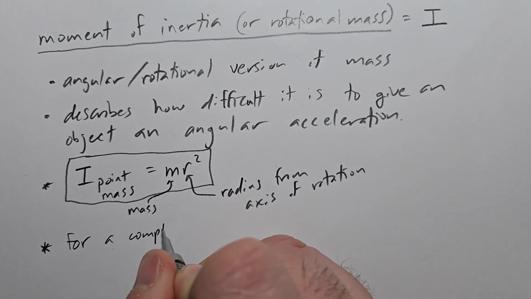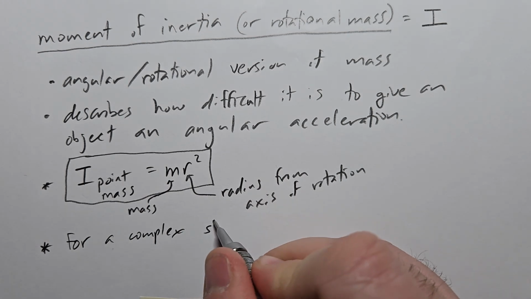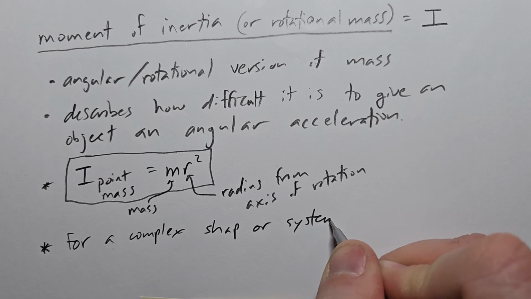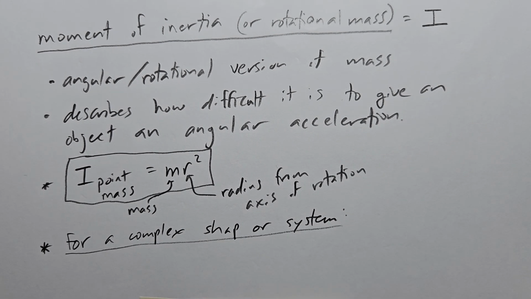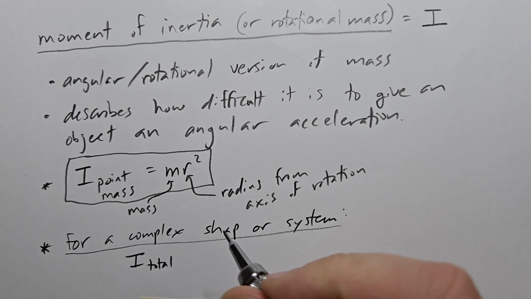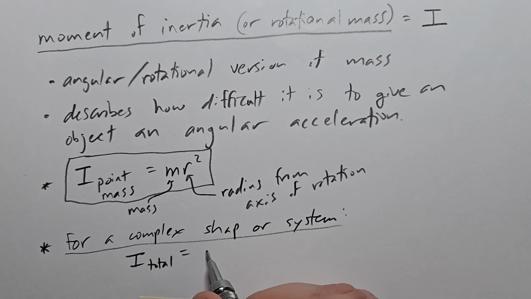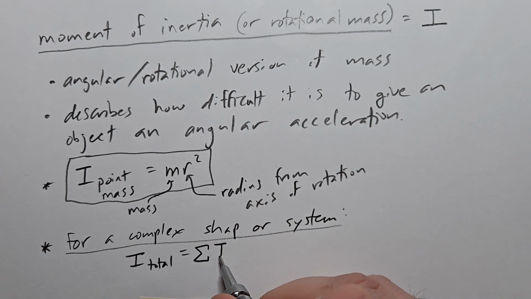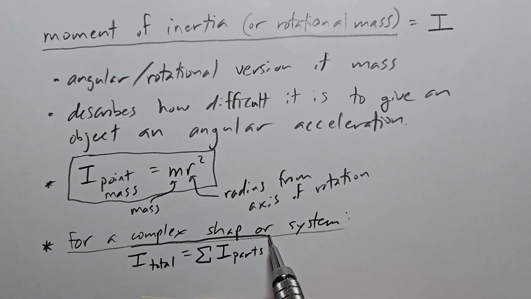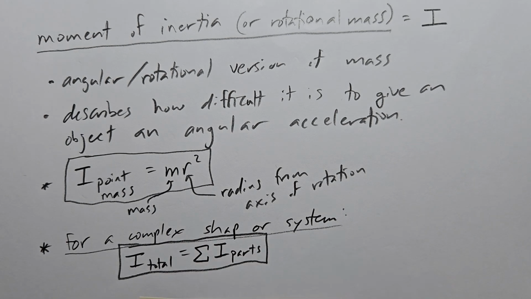So for a complex shape or system, the moment of inertia for the total shape or the total system is just going to be the sum of the moment of inertia of all of the parts. So you just figure out how many parts you have, figure out what each of their individual moments of inertia are, and then you add them all up, and you get the total moment of inertia for the entire thing.